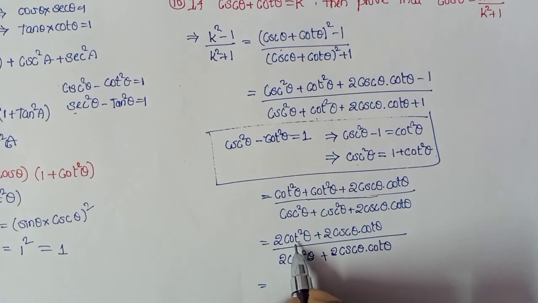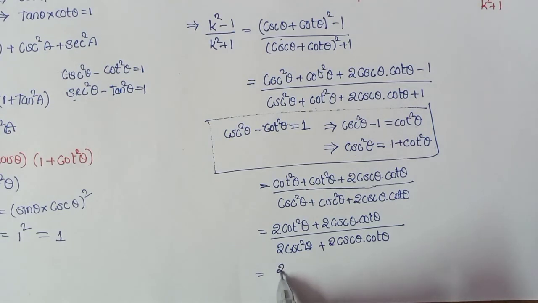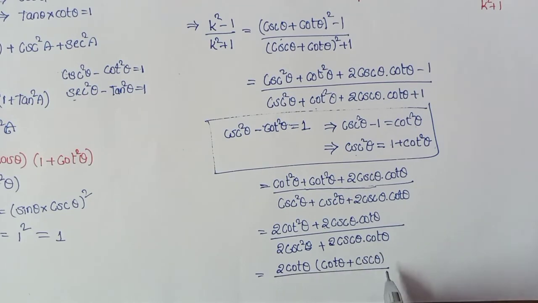If you take 2 cot theta common in the numerator, you will be left with cot theta plus cosec theta. In the denominator, if you take 2 cosec theta common, you will be left with cosec theta plus cot theta.